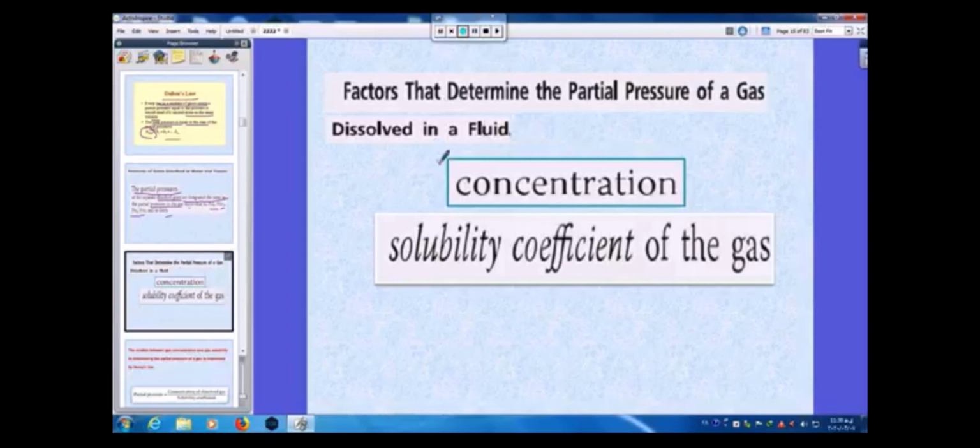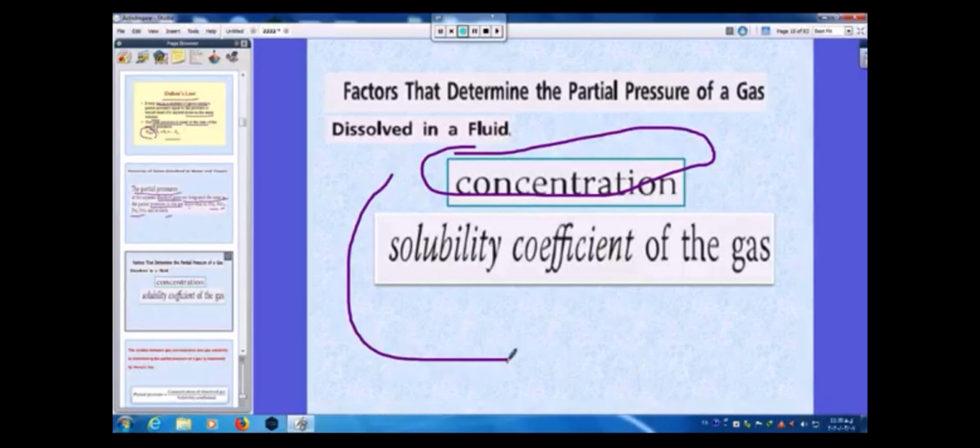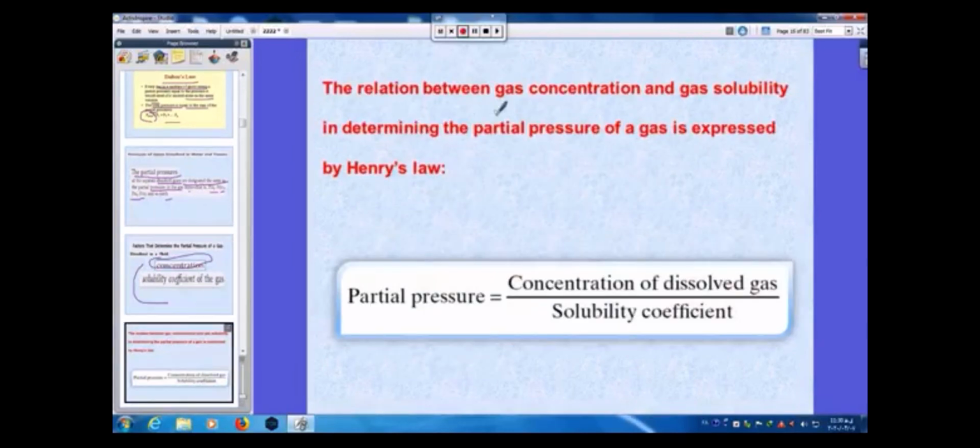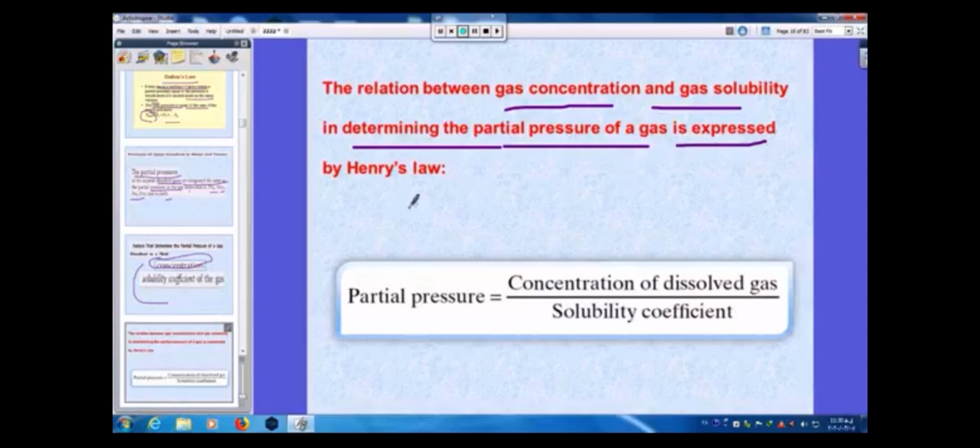These factors relate partial pressure to concentration and the solubility coefficient of the gas. The relation between gas concentration and gas solubility in determining the partial pressure of the gas is expressed by Henry's law. Based on this law, partial pressure equals the concentration of the dissolved gas in the solution.